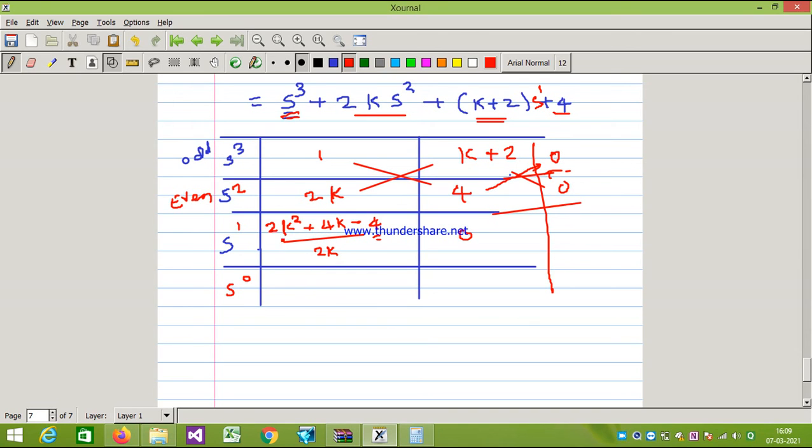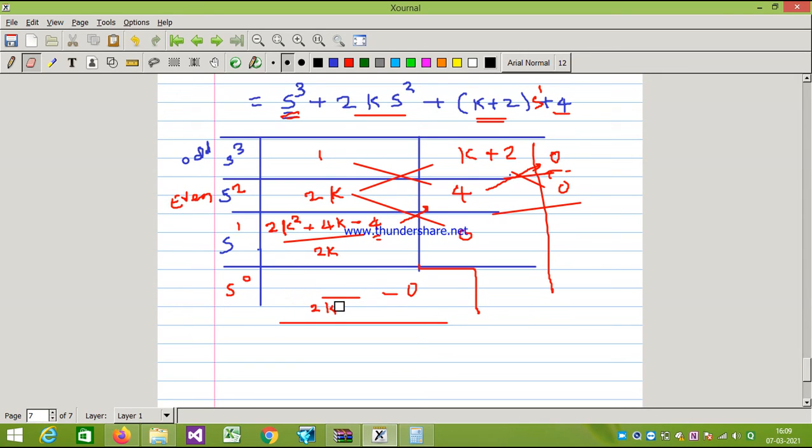Can we divide 2 everywhere, or we put it as it is? So what is the next step? This into this, so multiply with the 4, it becomes 8k square plus 16k minus 16 divided by 2k, minus 2k into 0, so it becomes 0. A better way: don't multiply with the 4, just put 4 outside.